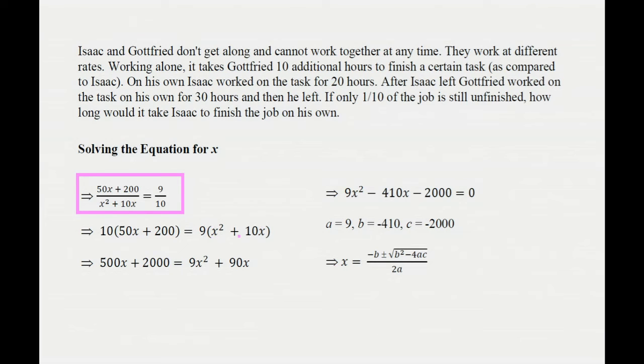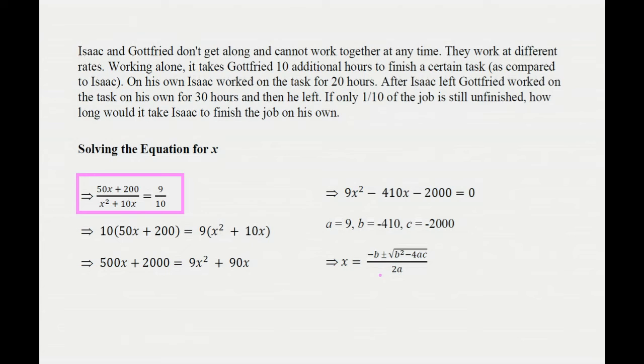Distributing 9 over x squared plus 10x gives me 9x squared plus 90x. Then I brought everything on the same side, and I got 9x squared minus 410x minus 2000 is equal to 0. This is a quadratic equation.